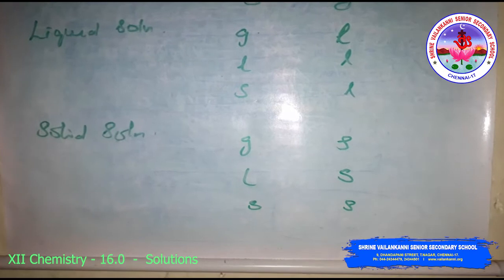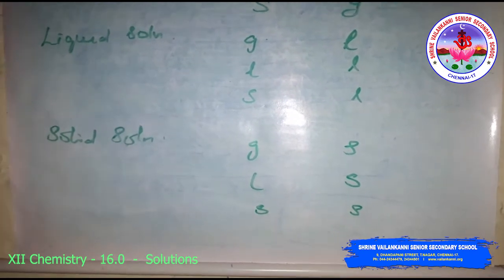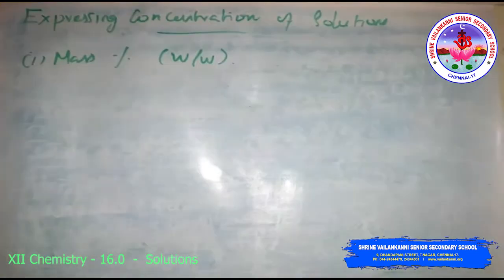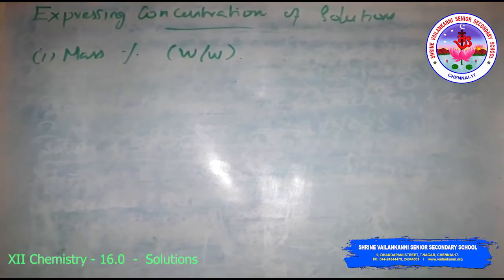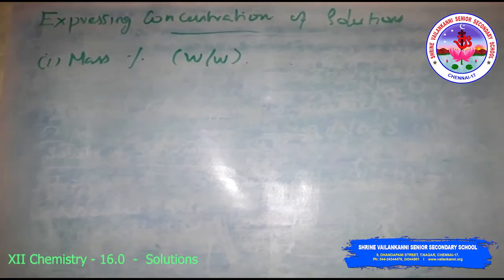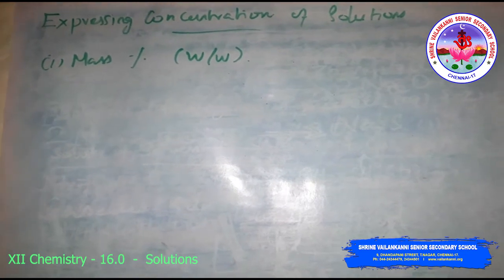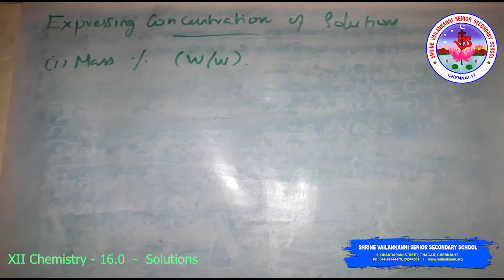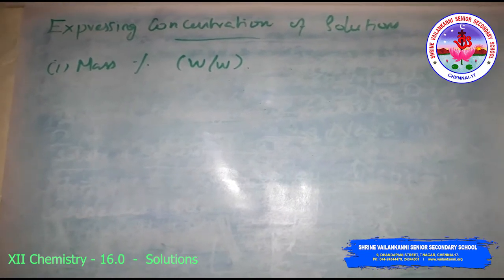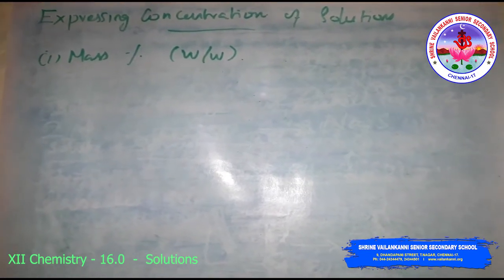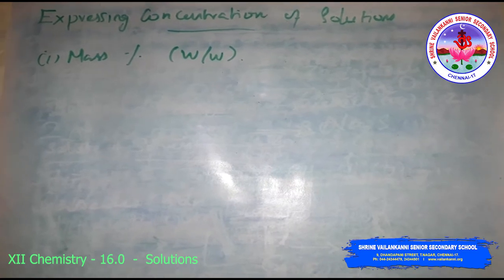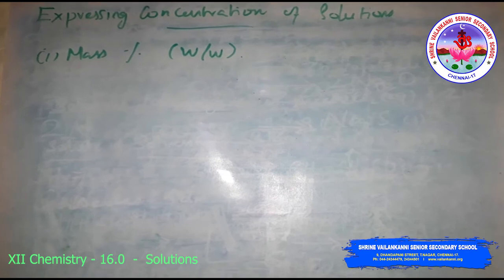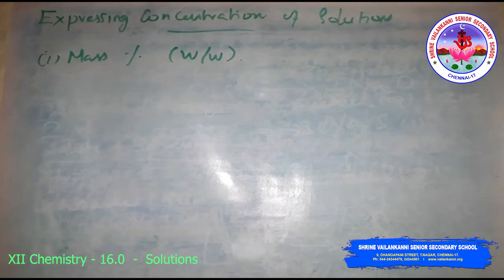Okay, next is expressing concentrations of solution. Expressing concentration means the composition of a solution can be described by expressing its concentration. It can be expressed either qualitatively or quantitatively. For example, qualitatively we can say that the solution is dilute or concentrated.